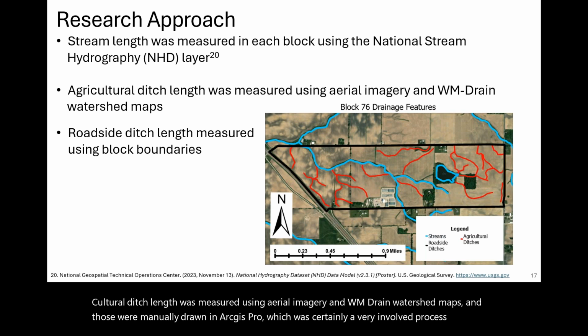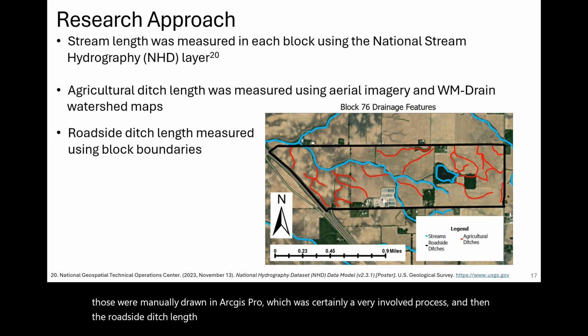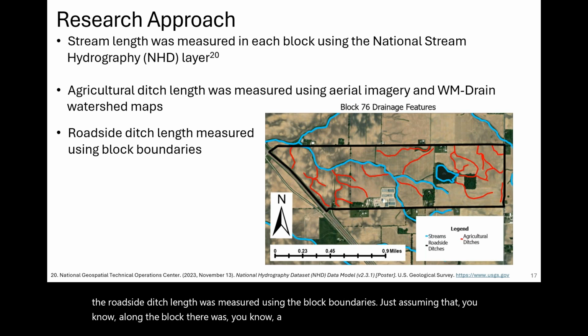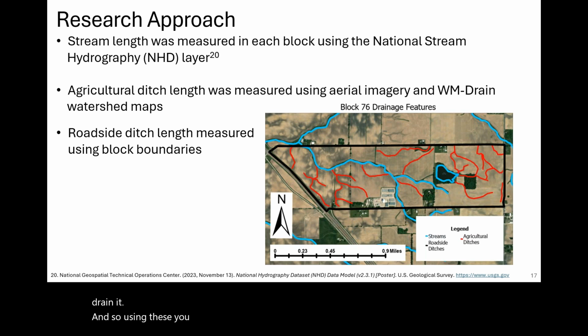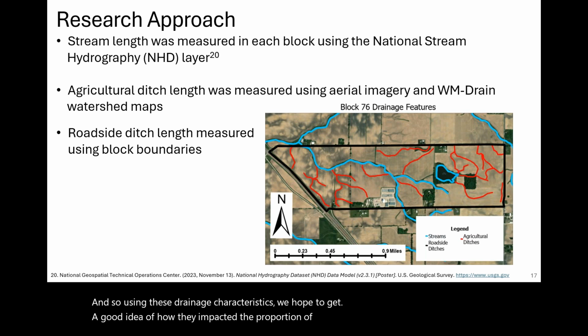And then the roadside ditch length was measured using the block boundaries, just assuming that along the block there was roadside ditches along each side, just because that's standard ODOT procedures that each side of a roadway will need an open channel to drain it. And so using these drainage characteristics, we hope to get a good idea of how they impact the proportion of roadside drainage in a block.